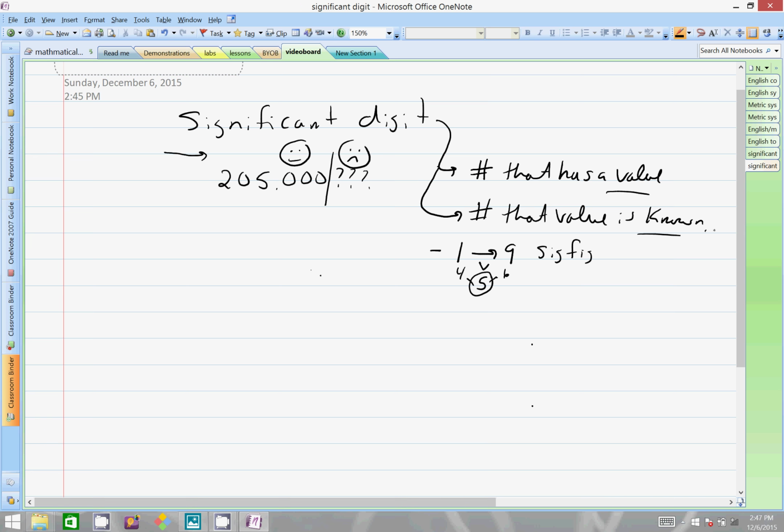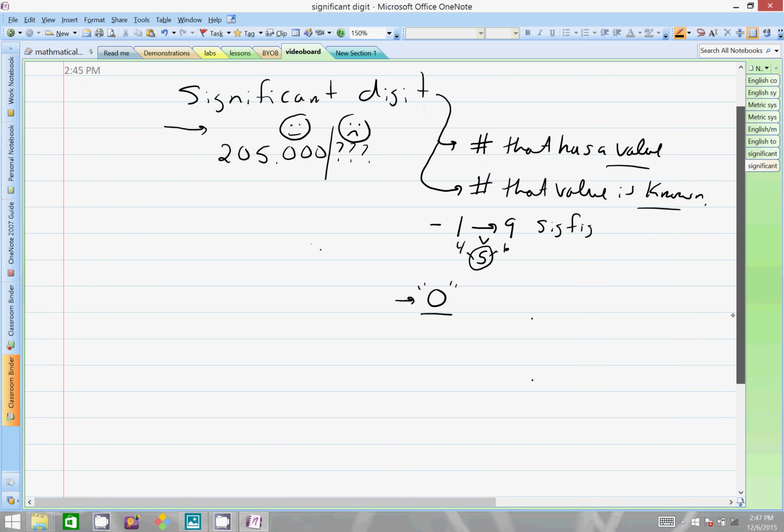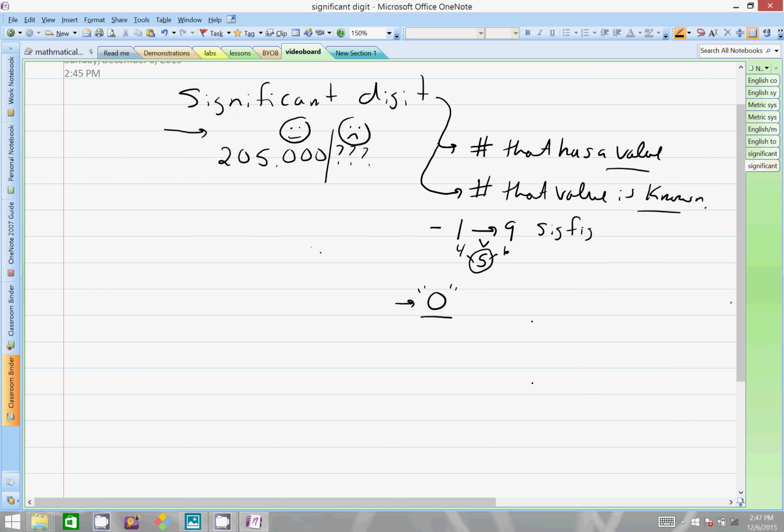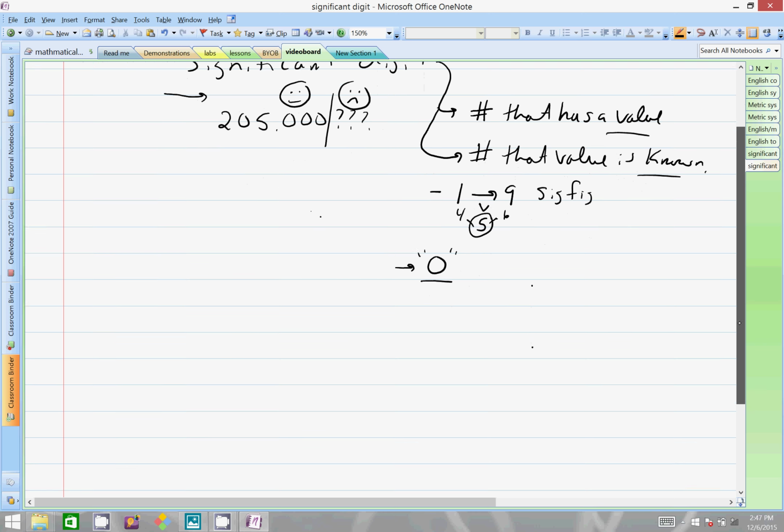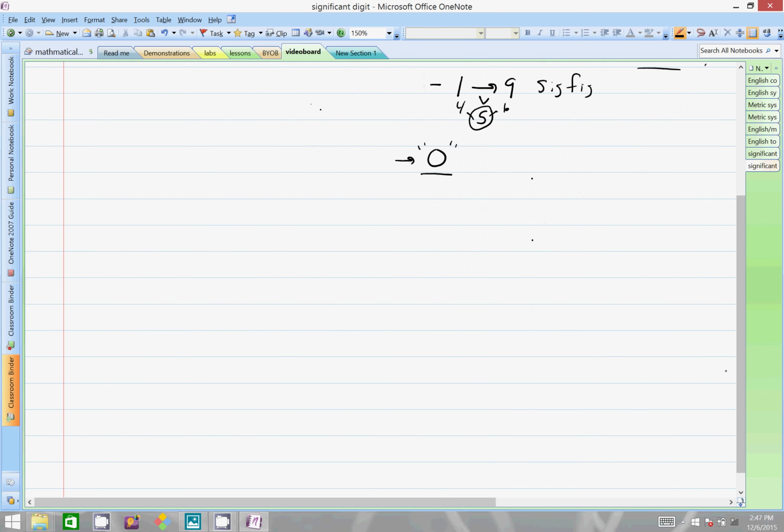All right, well, what about zeros? That is where our main issue comes in. Zeros can play multiple roles, okay? And we'll highlight a few different types of zeros. We classify these zeros just as a way of helping people remember them, but zeros are zeros, you know.